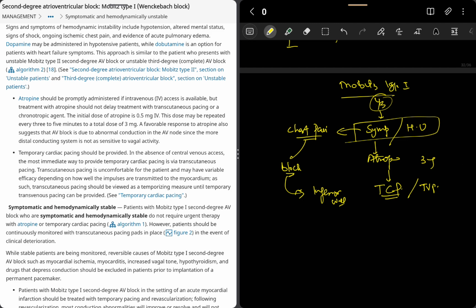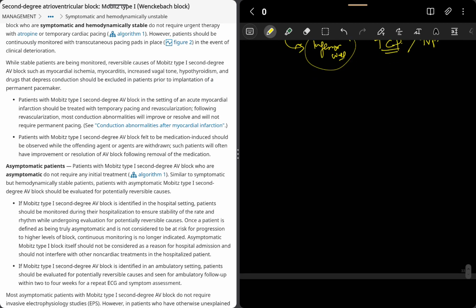Usually type 1 AV block is there, or when Wenckebach block is with inferior wall MI, and that can lead to bradycardia. But that bradycardia has a poor prognosis, because it will imply that the infarct size is large.